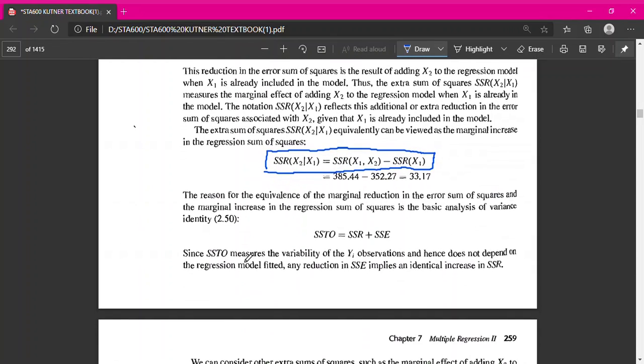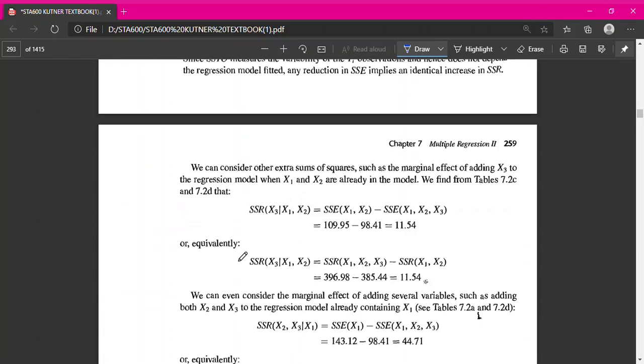So, sebabnya kita boleh ada dua definition tadi, extra sum of square, sama ada kita nak tengok the reduction in error sum of square ataupun the increasing in regression sum of square. So, kita boleh gunakan dua formula, gunakan SSE dan juga SSR.